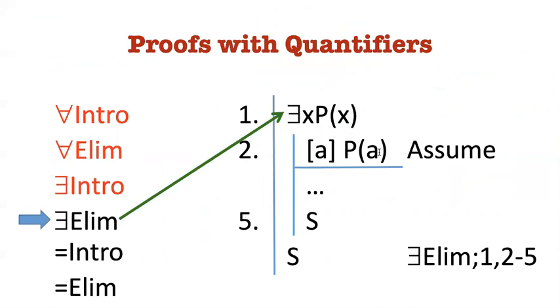And I need to write a formula next to my boxed constant now, because I don't want to talk about a totally arbitrary object. I want to talk about some arbitrary object that has property P. So that's why I assume A has property P. And the sentence, notice S, this sentence must lack the name A. And then I just get to export that thing out here, and I cite 2 things. I cite my existential sentence, and then I cite the subproof in which I box the constant.